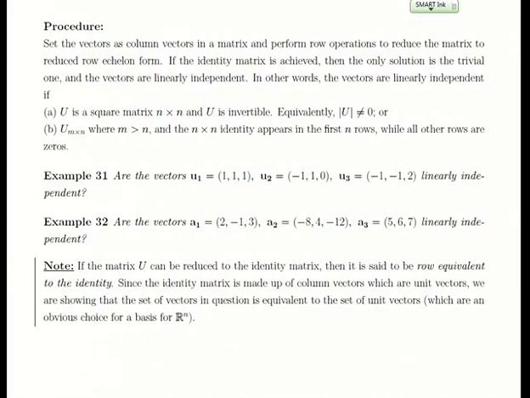So it's row equivalent to the identity, they're the unit vectors, and that means that the vectors you're worried about, the more complicated ones, can also be a basis for R3 or whatever dimension you're dealing in.